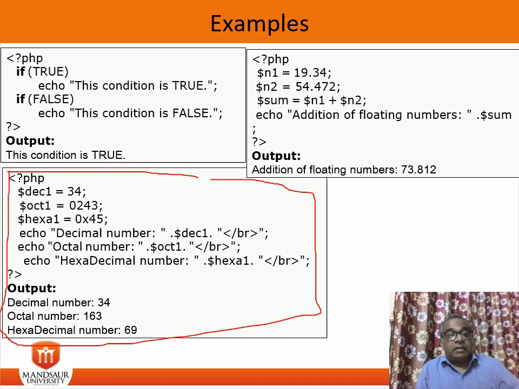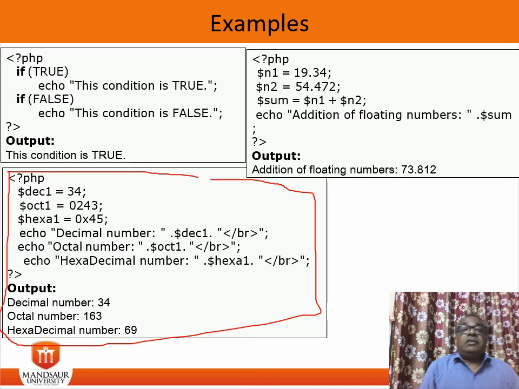It contains minus 1, decimal 34, octal 0243, and hexadecimal 0x45, that is base 16, base 8, and base 10. The output is simple: it contains numeric values which do not contain any fractional part or floating points. So this is the example for that.